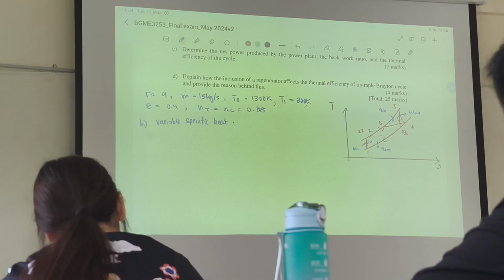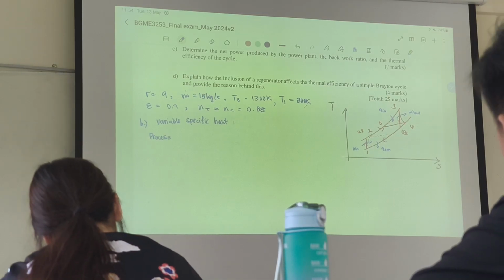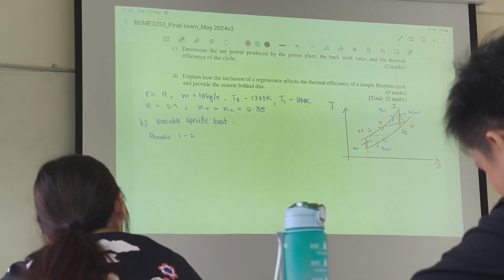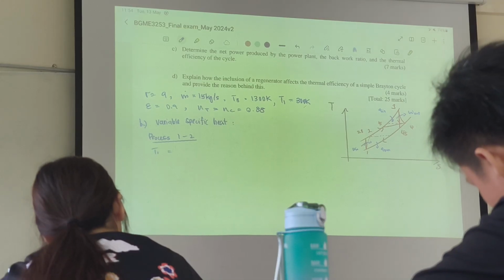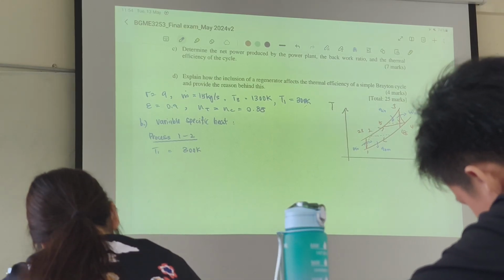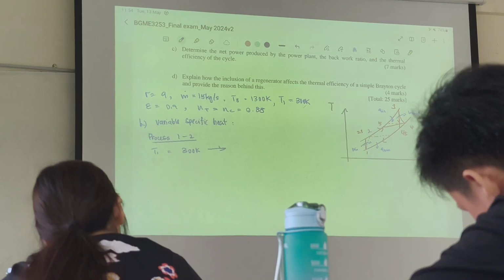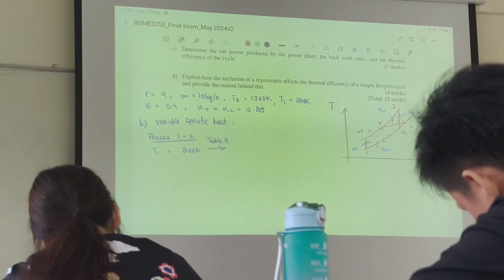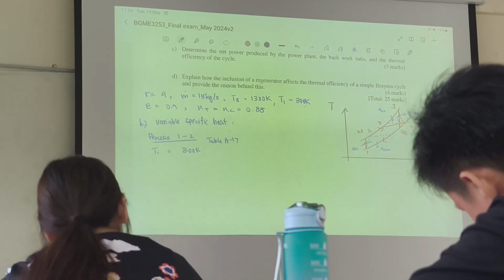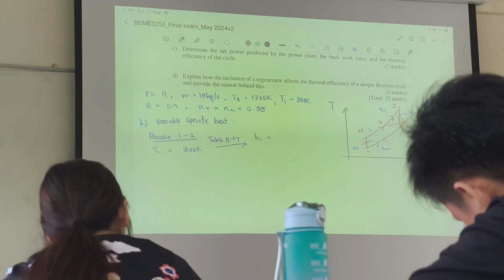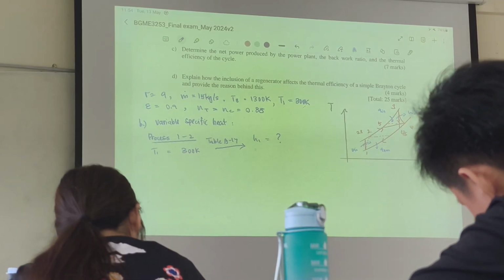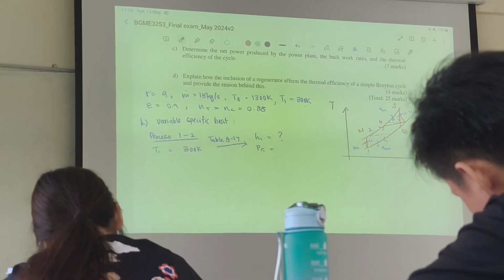Say we take process 1 to 2, or state 1 to 2. T1 is 300 Kelvin. Based on the table, you can get H1. You can also get PR1.